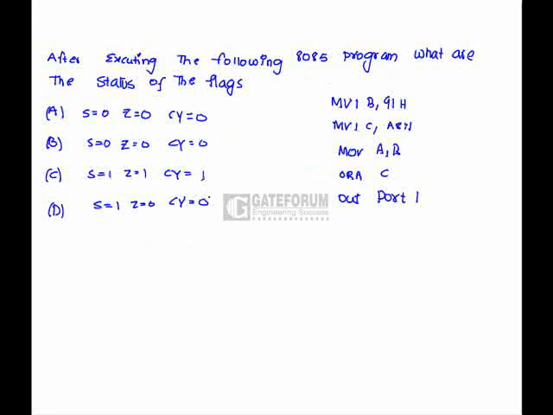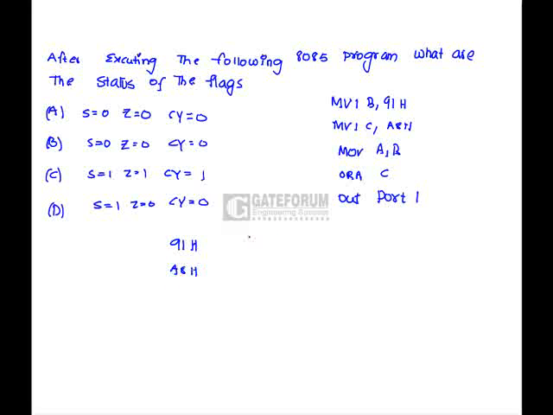After executing the following 8085 program, what are the status of the flags? Means we have to check the last instruction, that is ORA C. MOV does not affect the flags at all. So ORA C, that is ORing accumulator with C, is a logical instruction which affects the flags. So accumulator contains the contents of B, that is 91H, and C contains A8H.